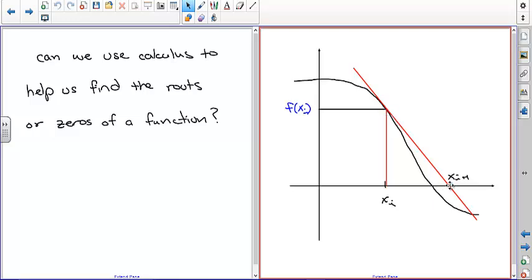Then I take this as my next guess, and I find the value of the function at this value of x, find the slope, and so on. My next guess is not really a guess, because I've estimated where the function intersects.